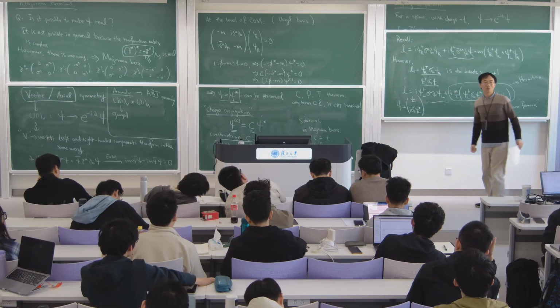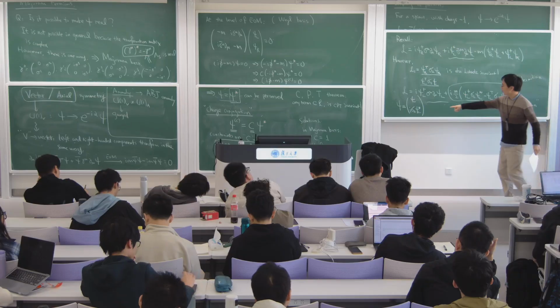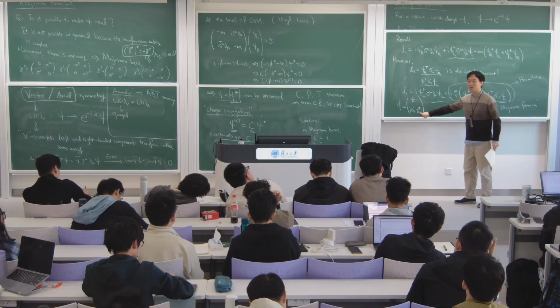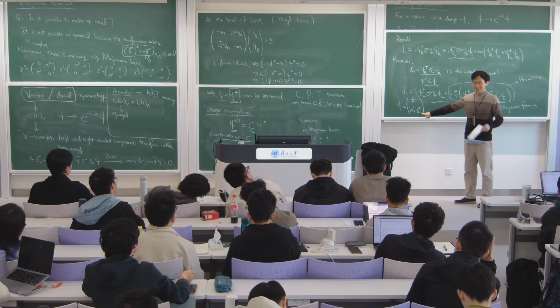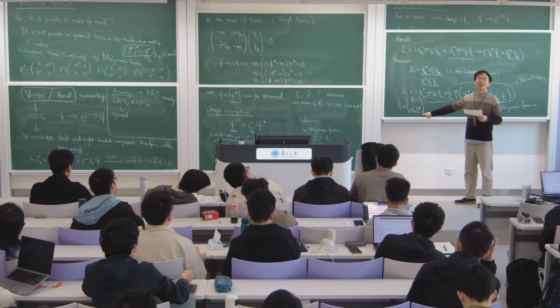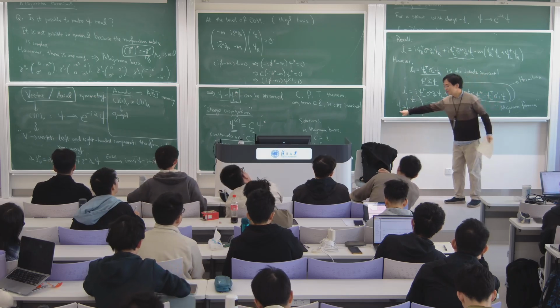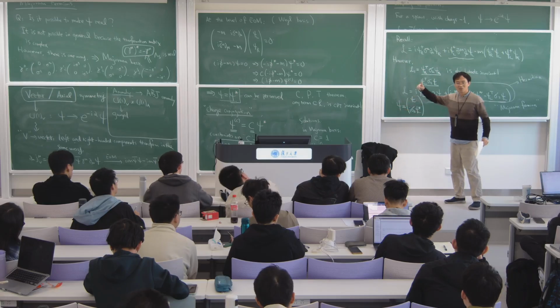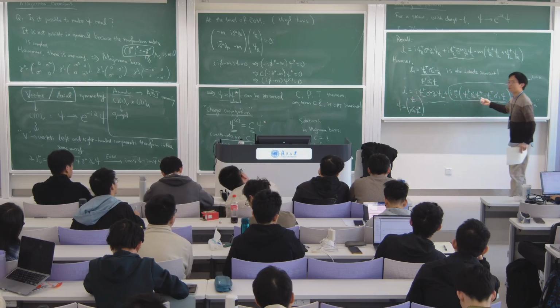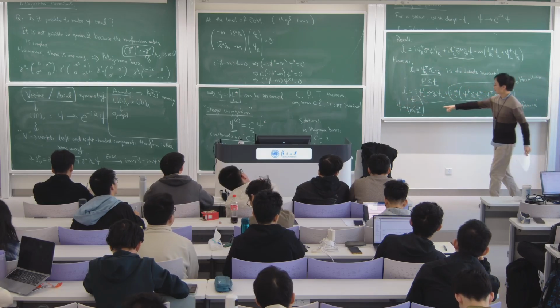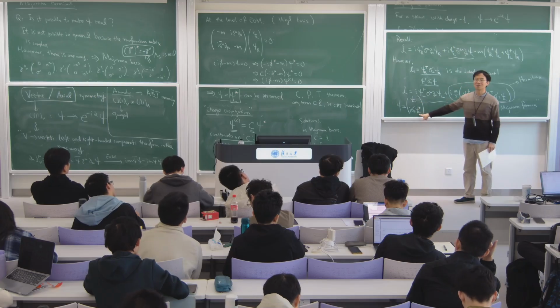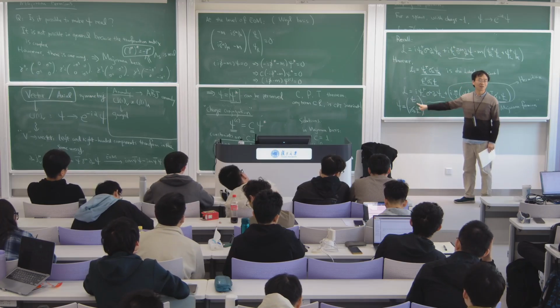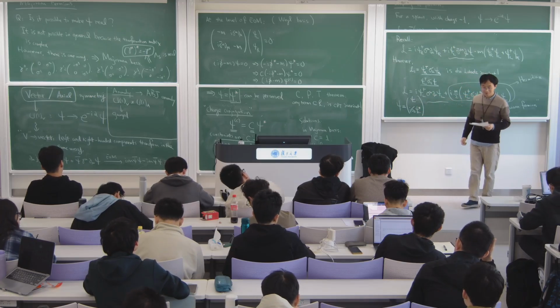If you choose your 4-component spinor to be constructed in this particular way, then you can check that for this kind of 4-component spinor, the Dirac theory Lagrangian becomes this one. As you can see, it's nothing to do with the right part. Only left. Only left.